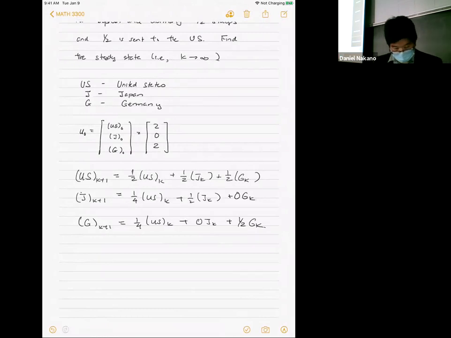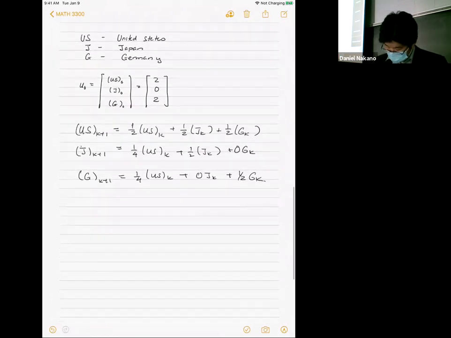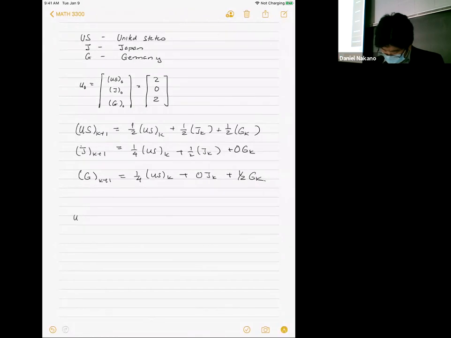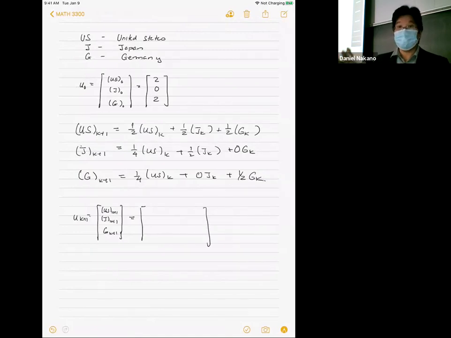All right. So now if I set U_{k+1} to be these amounts, US at K+1, Japan at K+1, and Germany at the K+1 stage, what matrix do we get? Well, the coefficients are just the coefficients in these equations, right?